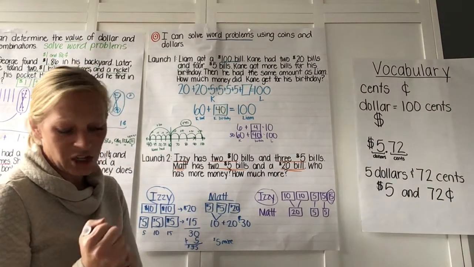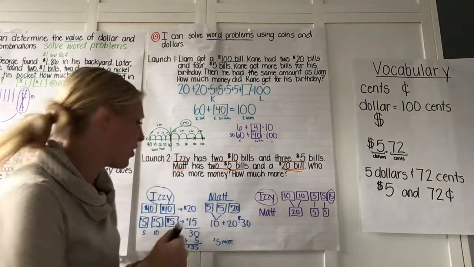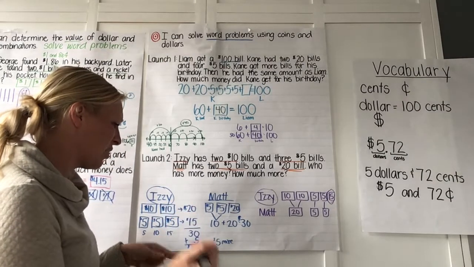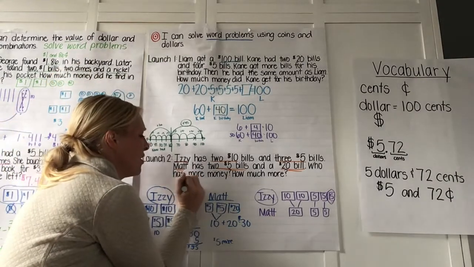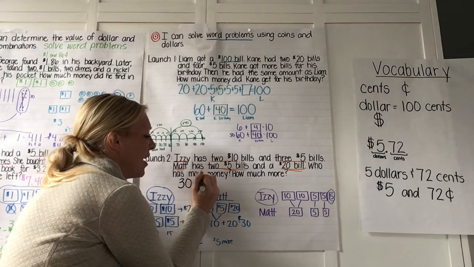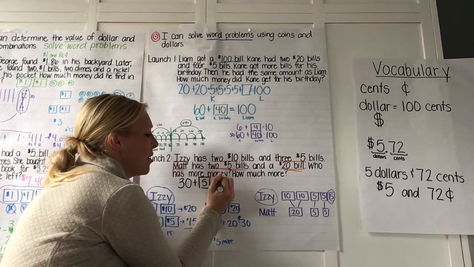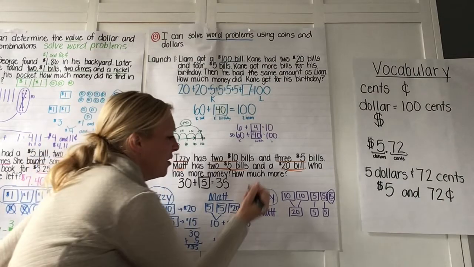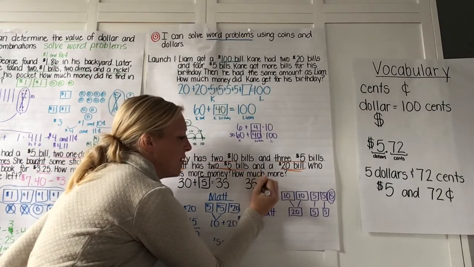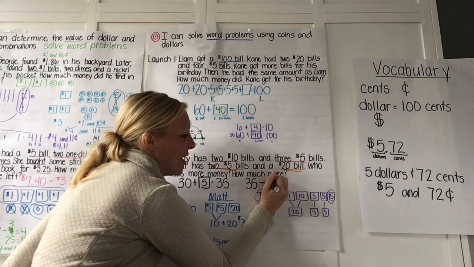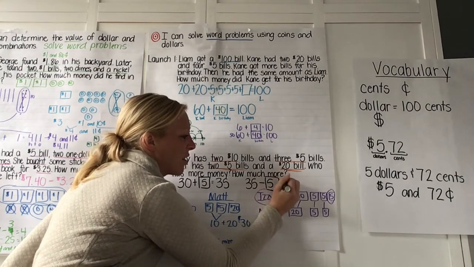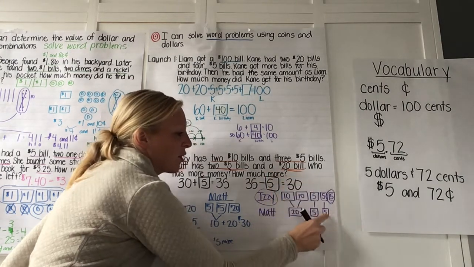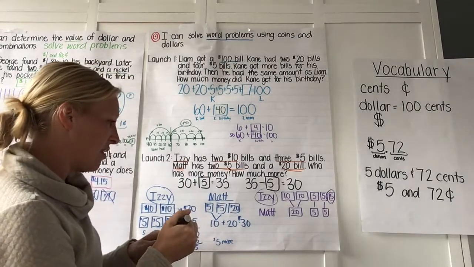What equations could we write to match this work? So this friend over here said, well, I know 30 and 5 makes 35. But you said, well, 35, and then there's 5 extra that doesn't have a partner, equals the 30 that Matt has.